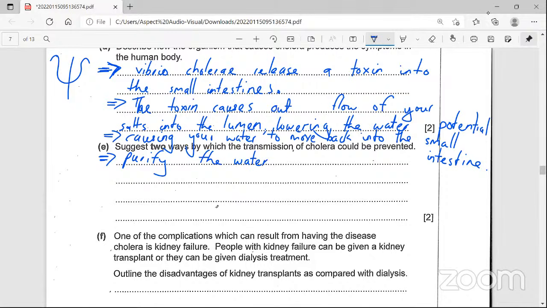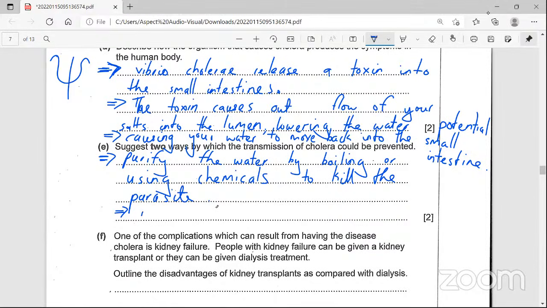By boiling or using chemicals. Chemicals. The chlorination to kill parasites. So you can also wash your hands. Yes, you can. Washing of hands.